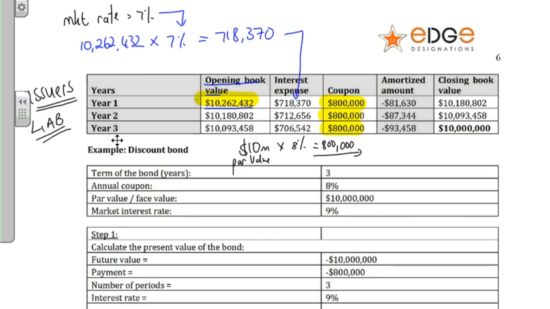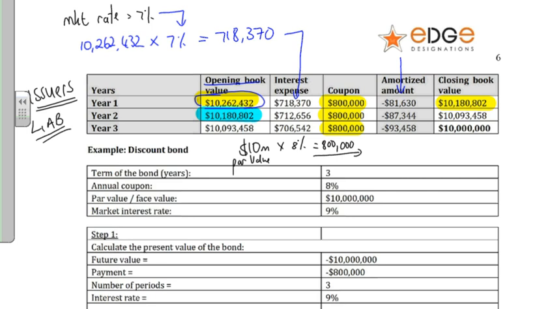What's the difference between the interest expense, which of course goes through the income statement, and the coupon, the amount that I pay? Well, the difference is clear. It's 81,630. What does that difference do? Look at that. That difference takes the opening book value from 10,262 down to 10,180. That 10,180 gets carried forward to the next period. Can you see then what happens?